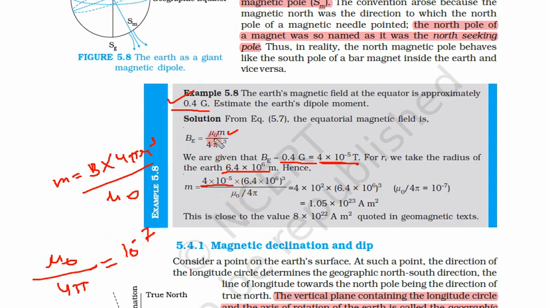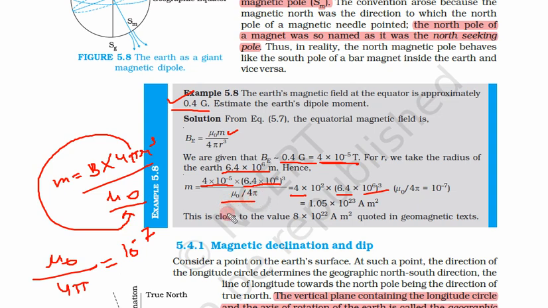We have just put this here, mu naught upon 4 pi. So this 4 pi goes down below mu, and R cube is R, 6.4 into 10 to power 6, cubed. So this is 4 and this is 6.4 into 10 to power 6 to the power 3.